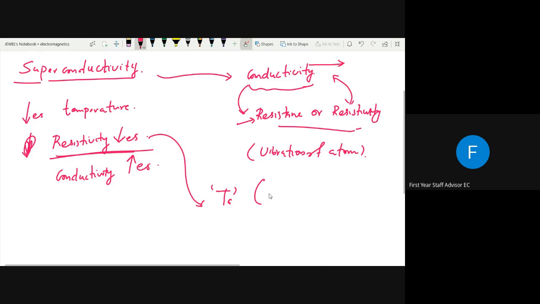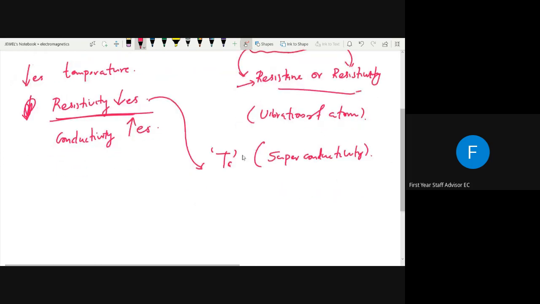Such a phenomenon by which the resistivity of many metals and alloys suddenly falls to zero, or the conductivity becomes infinity when they are cooled at a particular temperature, is called superconductivity. And this critical temperature Tc, at which a material becomes a superconductor, is called transition temperature.